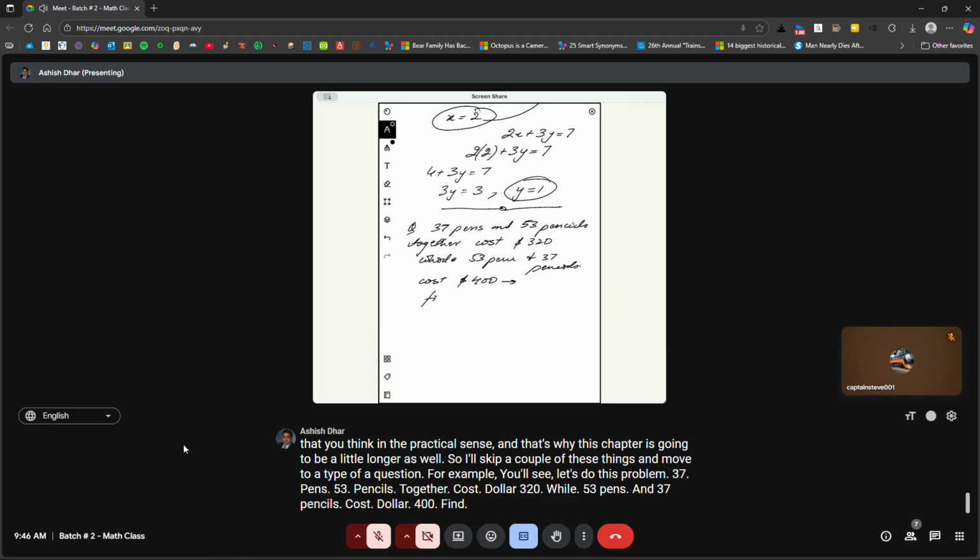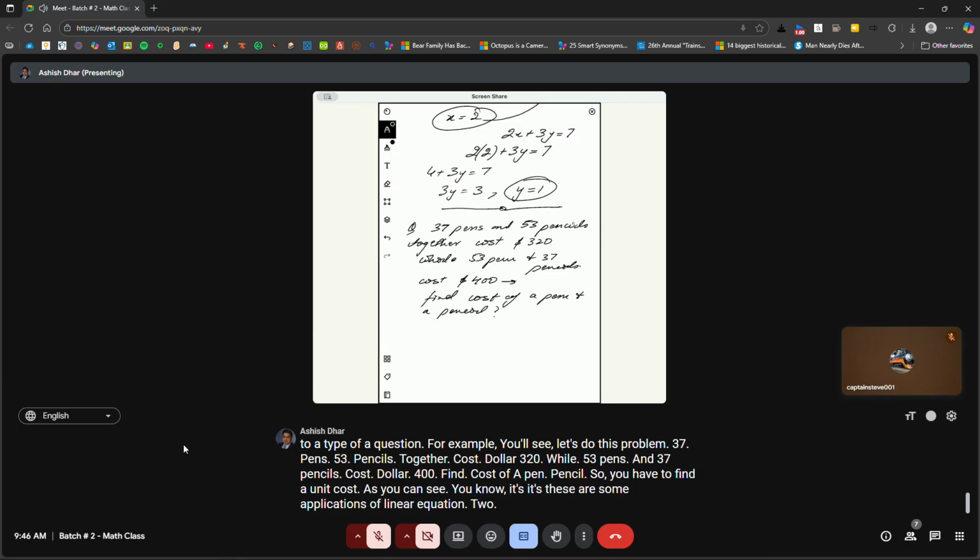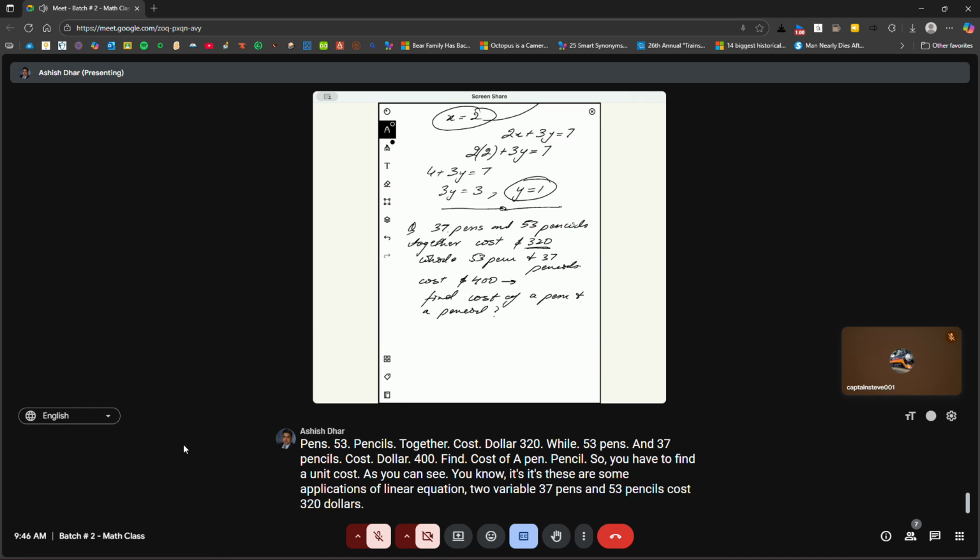Find the cost of a pen and a pencil. So you have to find a unit cost. These are some applications of linear equations in two variables. 37 pens and 53 pencils cost $320, and 53 pens and 37 pencils cost $400. You have to find a unit cost.